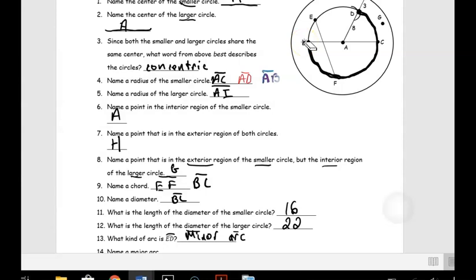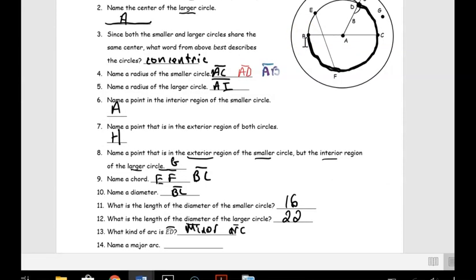If I'm going to name a major arc, we have to be specific with this. If I just put DB, what that gives us is the smaller arc, DB here. So the way we name a minor arc is always with 2 letters.